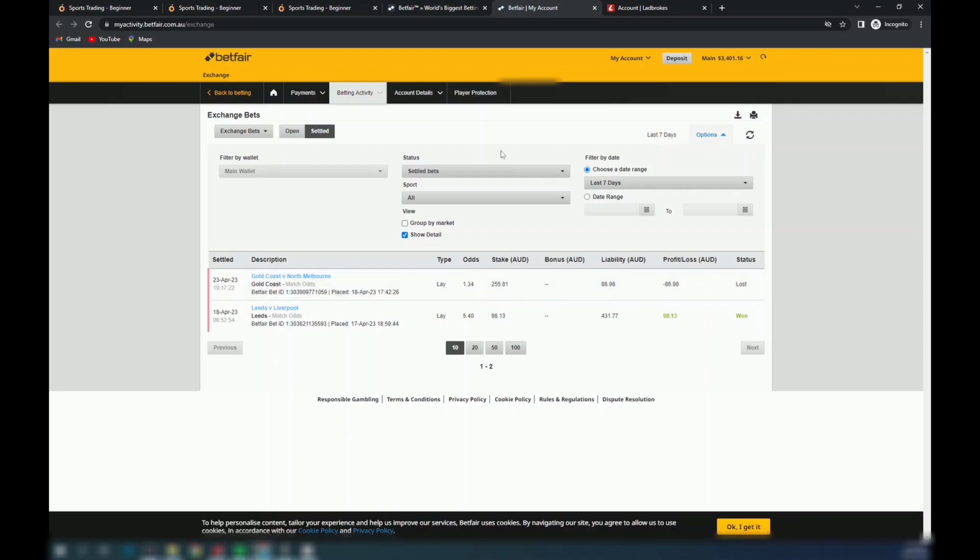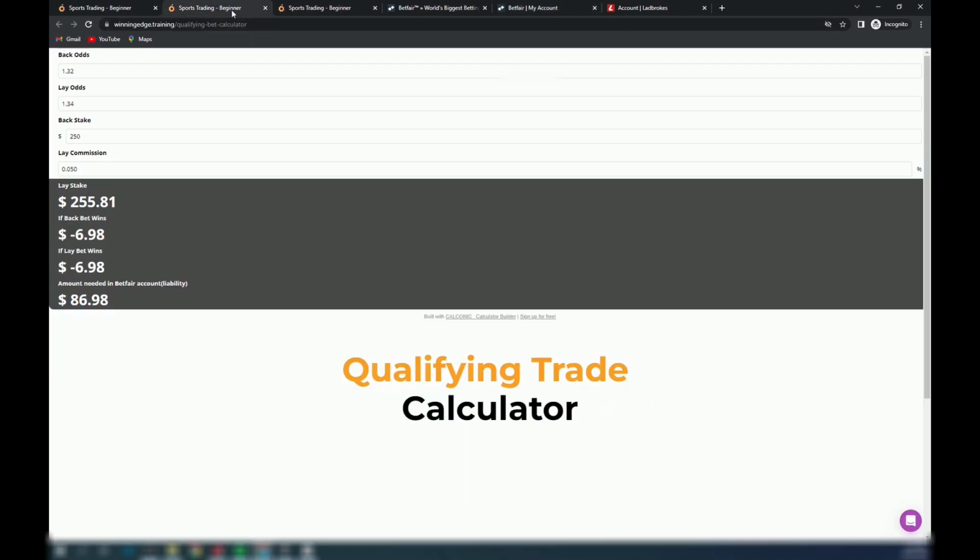And that gives us a total loss of $6.98. And if we head back to the qualifying trade calculator, you can see here that our expected loss if back bet wins, which was the case, was $6.98. So we had that calculated, we had that sorted, and we knew that before the match even started.